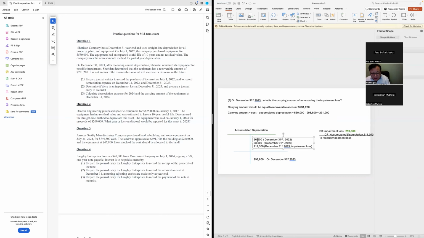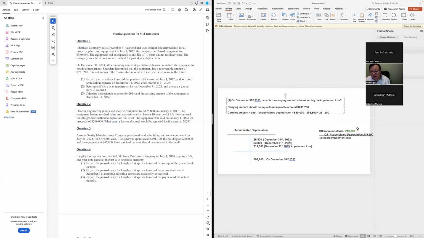I add up the 3 numbers, because that will be my new balance after recognizing the impairment loss, right? Yes. And then I take the difference between cost and the cumulative depreciation. I figured the carrying amount is 231,200, which is equal to the recoverable amount. Okay. Does that make sense?